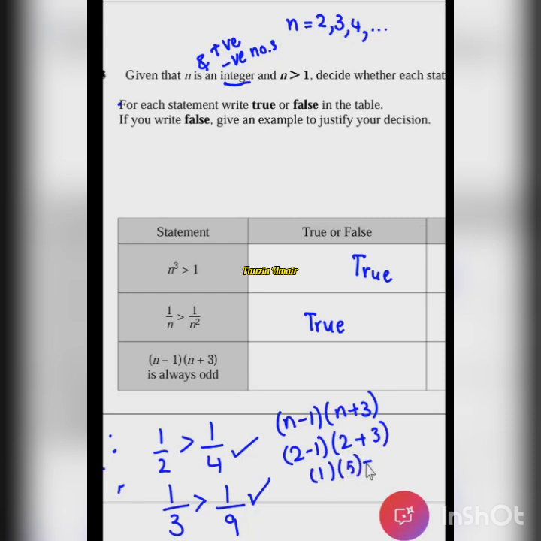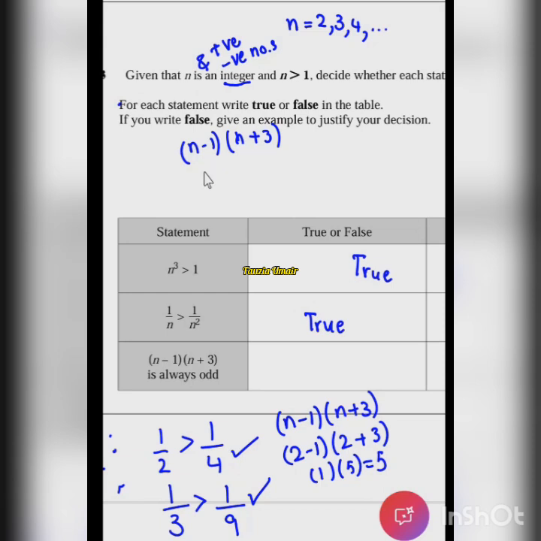So the answer is odd. But I cannot say based on one example that it will always be an odd number. I need to try out another value. First I have taken n as 2, so now I can take an odd number. Taking n minus 1 into n plus 3, this time I am taking n as 3. First time I checked with an even value, and the answer was odd. This time I'm putting an odd value to see whether the answer is still odd or not.